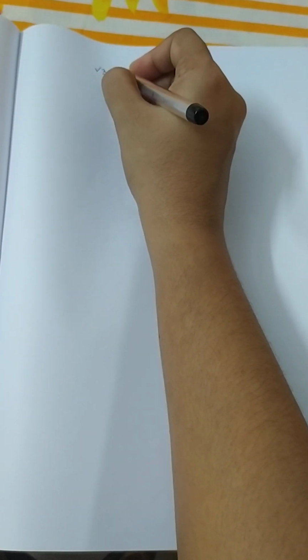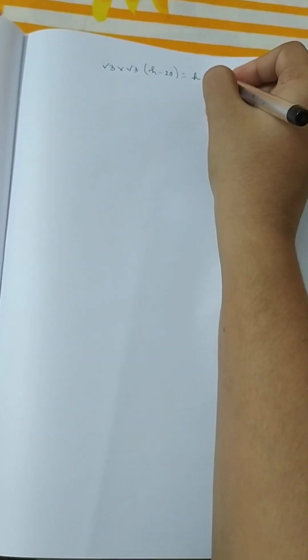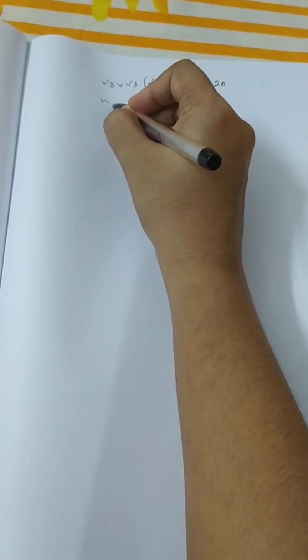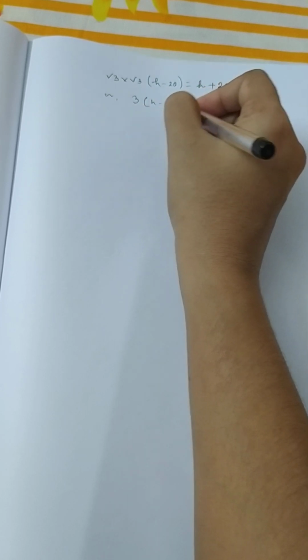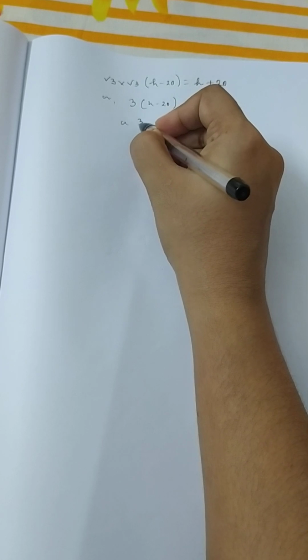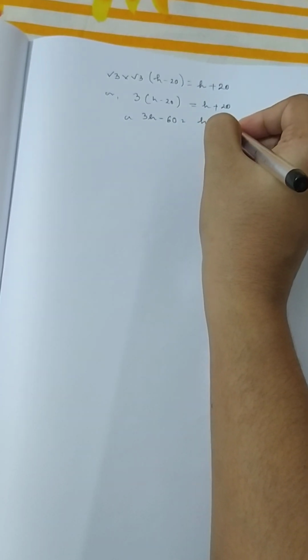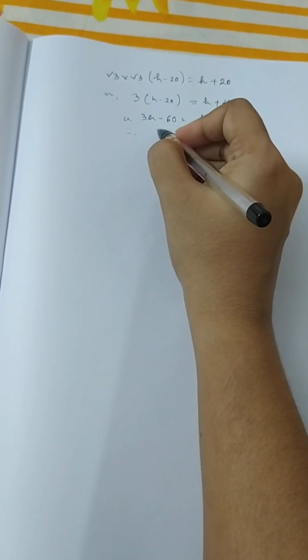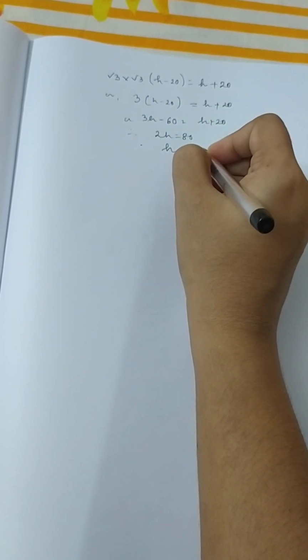Root 3 into root 3 into h minus 20 is equal to h plus 20. So it will be 3 into h minus 20 equals h plus 20, 3h minus 60 is equal to h plus 20. Now it will be 2h equals 80, so h will be 40.